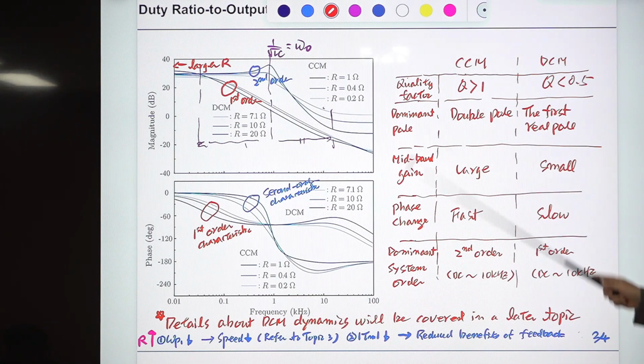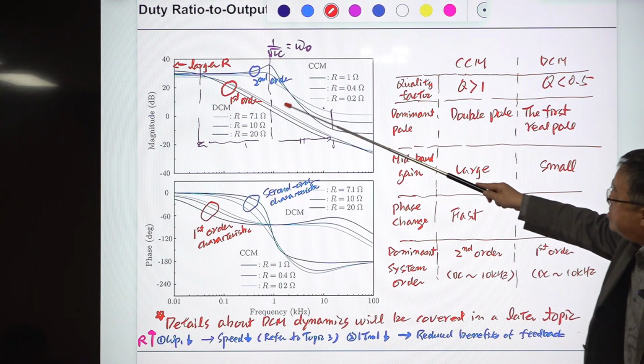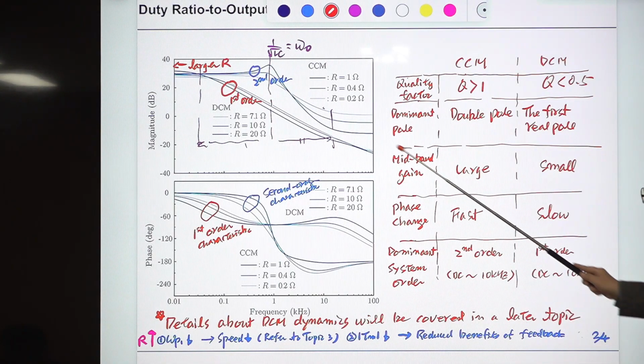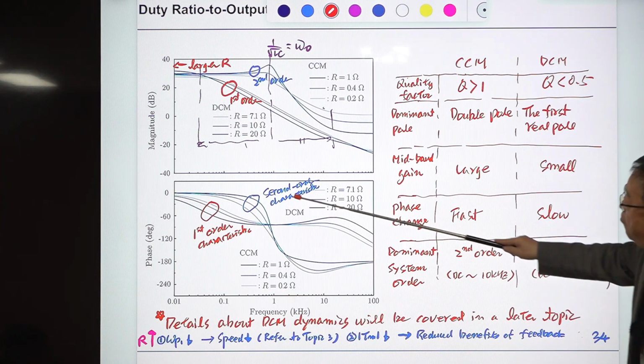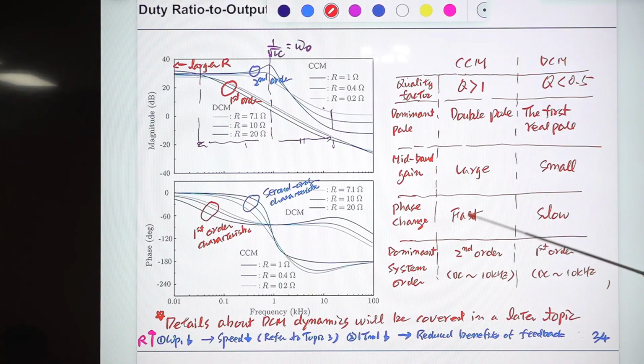The quality factor is larger than unity, and there is a double pole. The midband gain of this transfer function is large, and this one is small. The phase change is fast, it changes abruptly at this frequency, while the phase change is gradual and slow here.